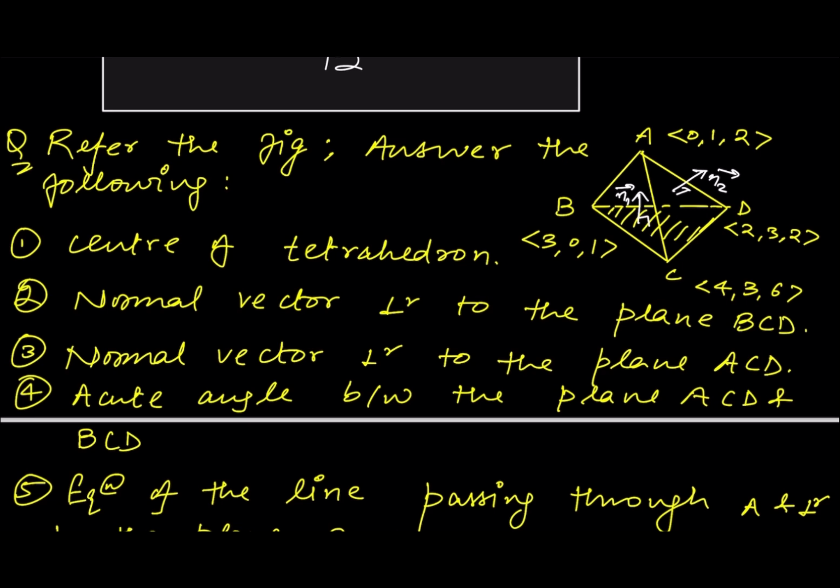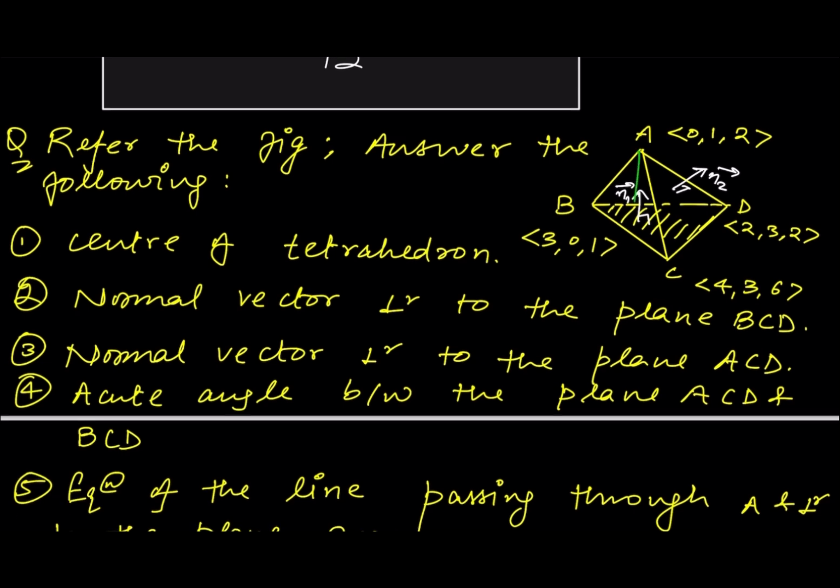Say we have to find this, or you can say this green line is a line passing through A and perpendicular to BCD. So for the equation of a line in space, we require a vector to which the line is parallel and a point through which the line is passing.